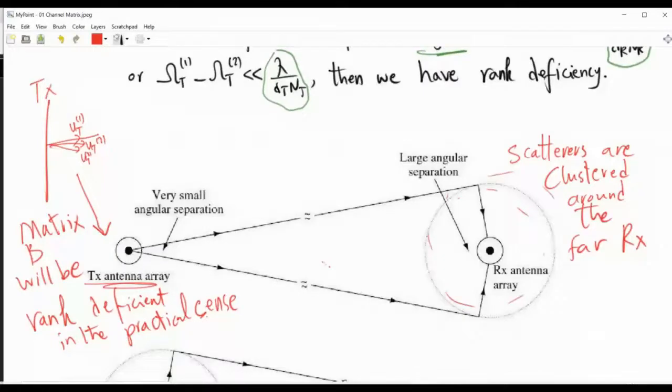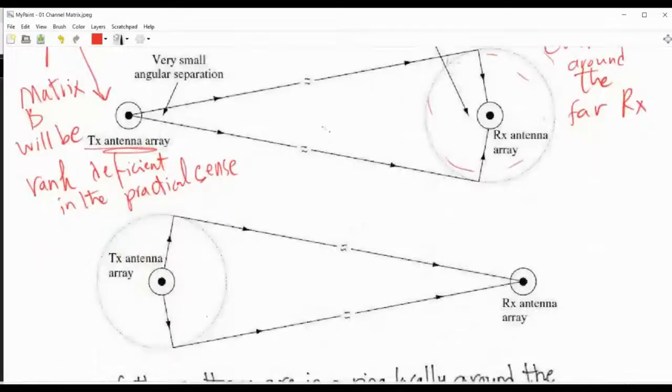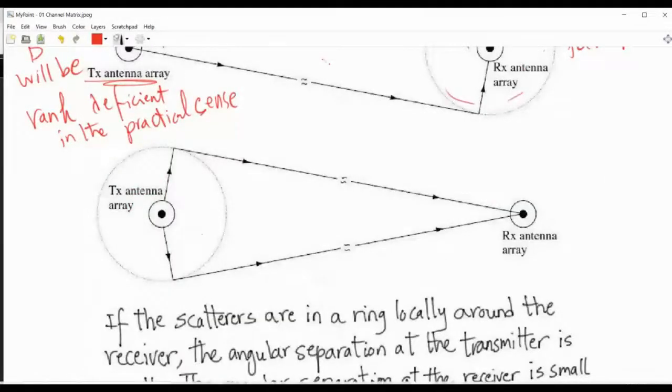If B is rank deficient, then H is rank deficient. Here is a different scenario in which the scatterers cluster around the transmitter, and this is good. But look from the point of view of the receiver.